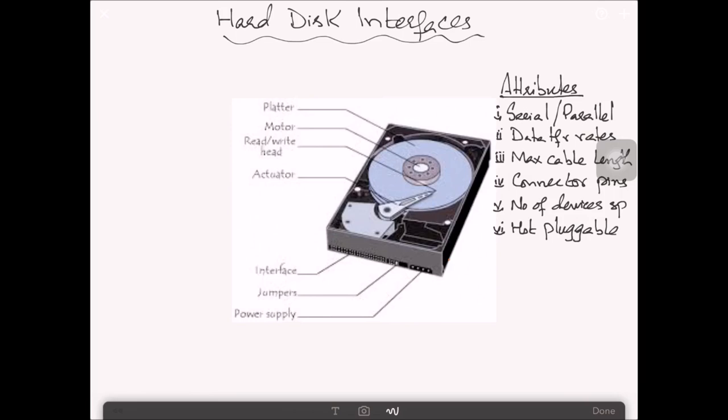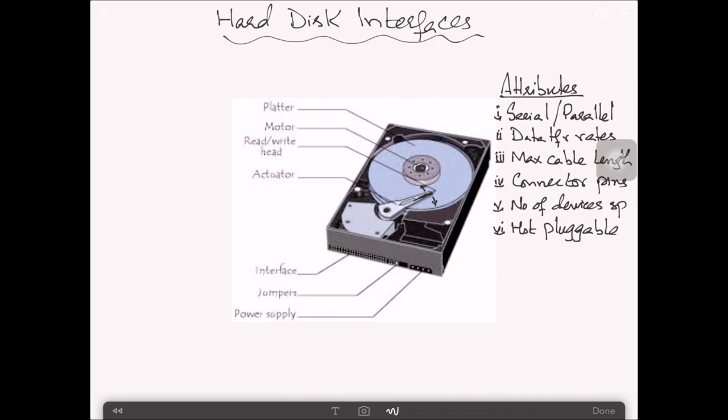You can see the platters, you can see the motor in the middle which rotates all the platters together, and you can see this read-write head over here, and this is what the stepper motor moves, and this head either moves towards this side or towards that side, and the movement of the head of course changes the track, and the track on all the platters makes up a cylinder.